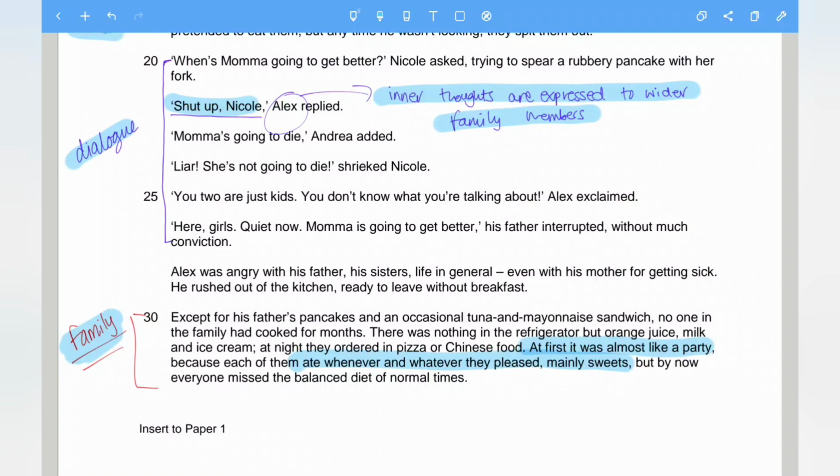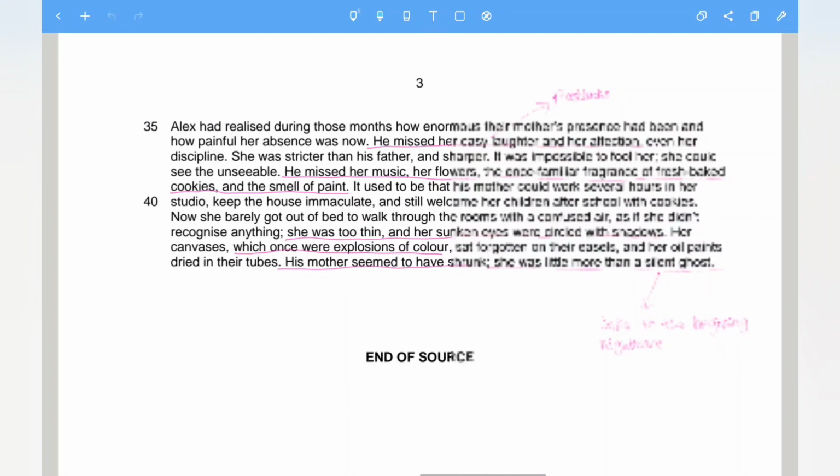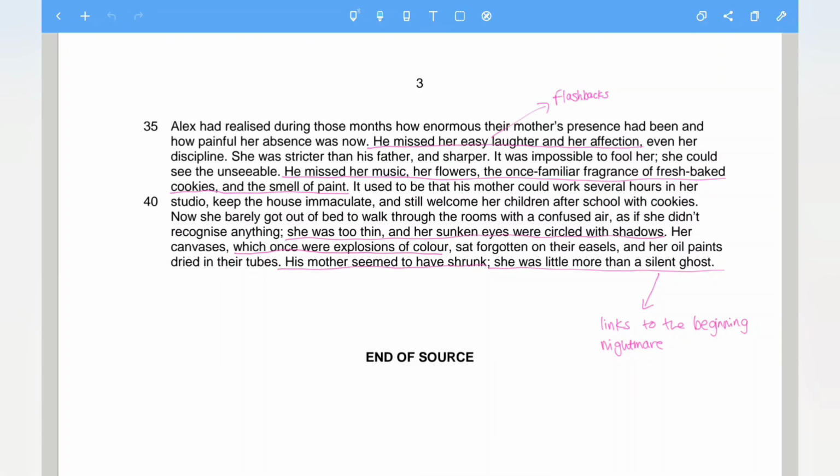But they also acknowledged eventually over time you do get bored of having the same food. So for example, they were having pizza or Chinese food. It shows you the absence of the mother has affected them not only mentally, but also physically. And this is the final paragraph.